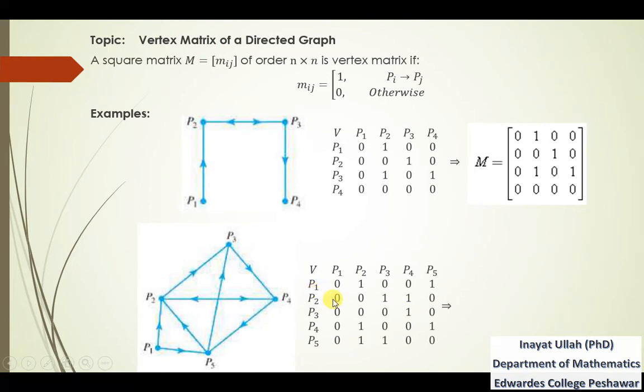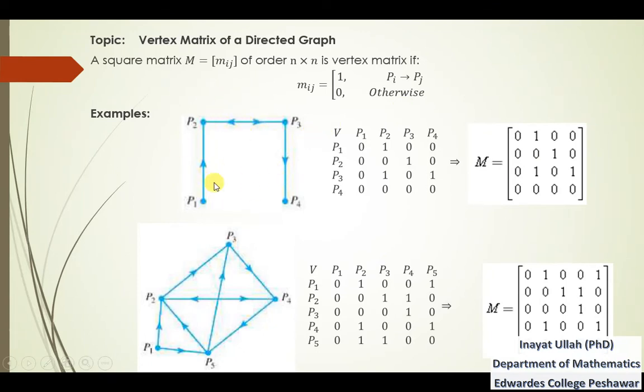From P2 to P4 there is an edge, and from P2 to P5 there is no edge, and similarly all this table. So this matrix thus obtained is called the vertex matrix for this graph. So that's how we make a vertex matrix from the given directed graph.